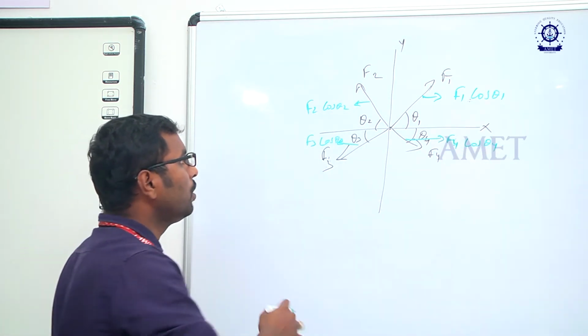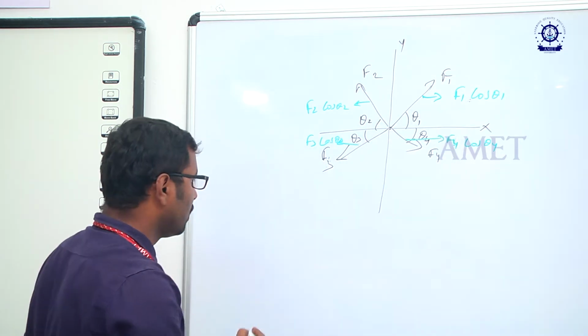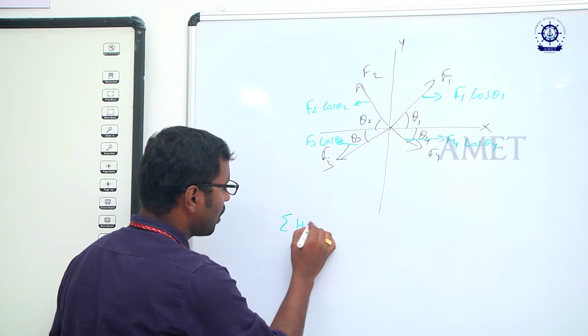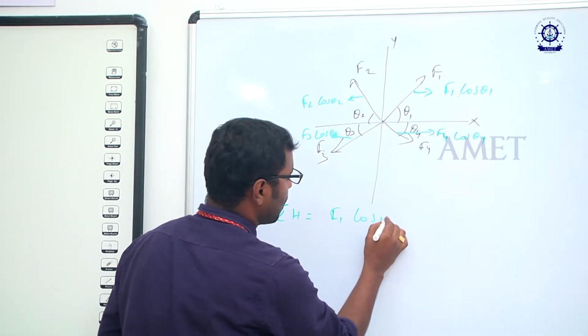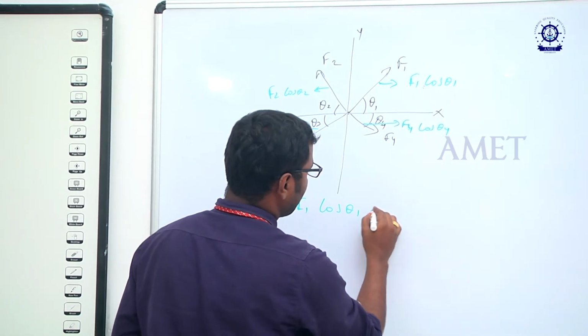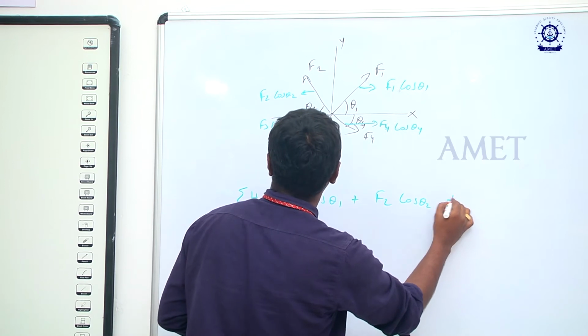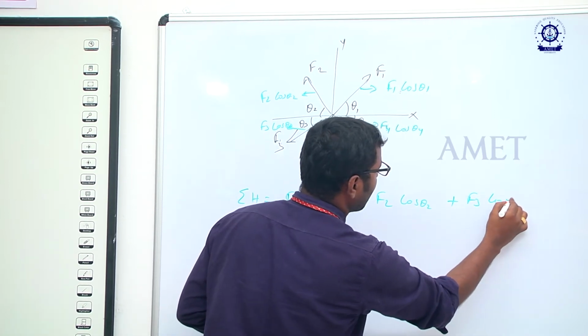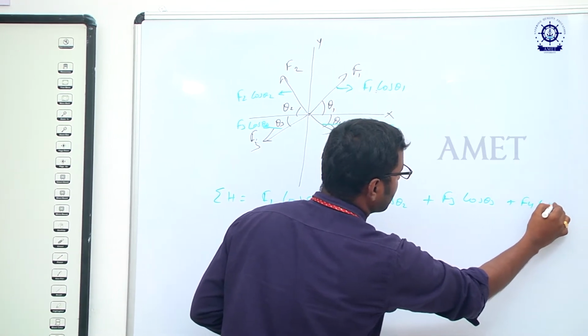So we need to add all these horizontal components. So the summation of horizontal components equals F1 cos theta 1 plus F2 cos theta 2 plus F3 cos theta 3 plus F4 cos theta 4.